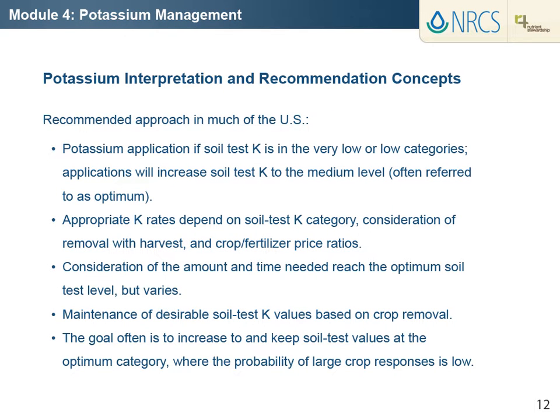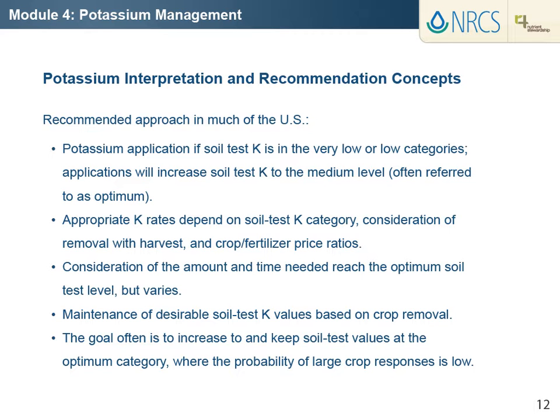The suggested approach in much of the U.S. concerning potassium recommendations is to apply potassium if the soil test is in the very low or low categories, and over time these applications will usually increase soil test potassium to adequate levels. Suitable potassium rates depend on several factors, such as the soil test potassium category, consideration of potassium removal with harvest, and crop fertilizer price ratios.